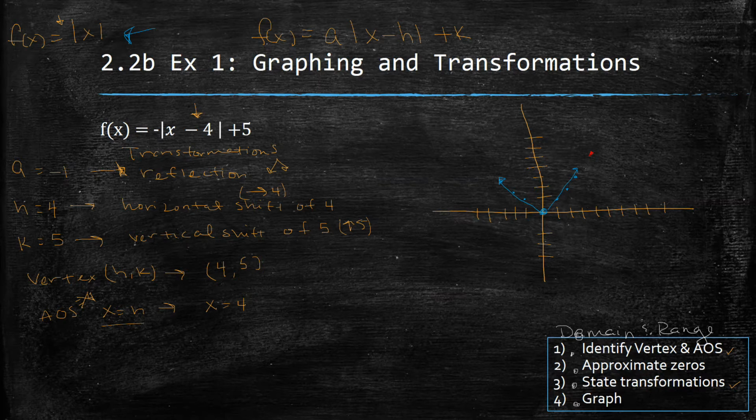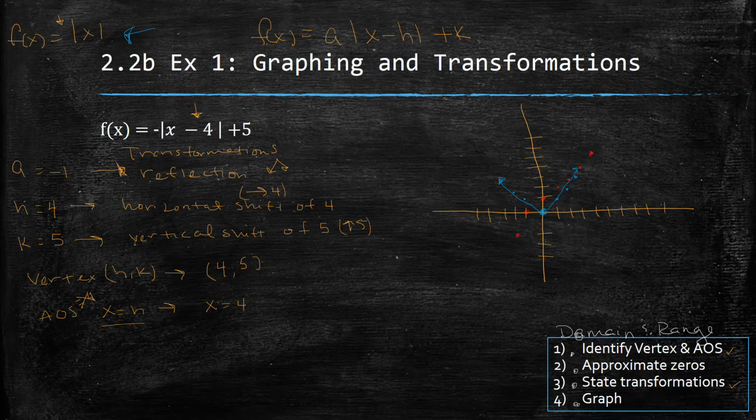Okay, and it has a slope of -1. So down 1, over 1, down 1, over 1, and so on.